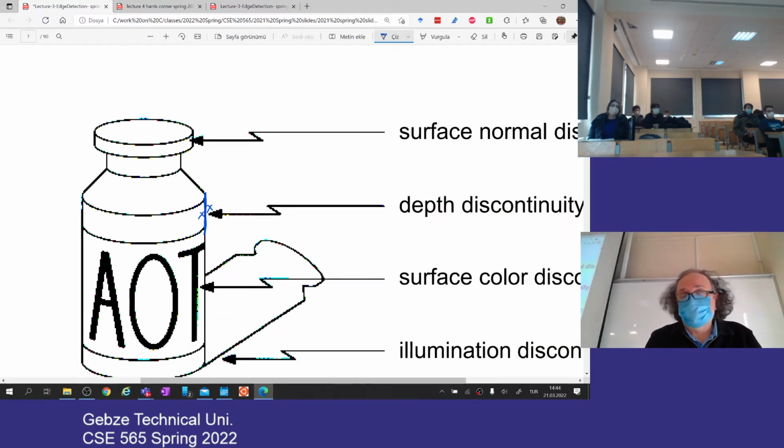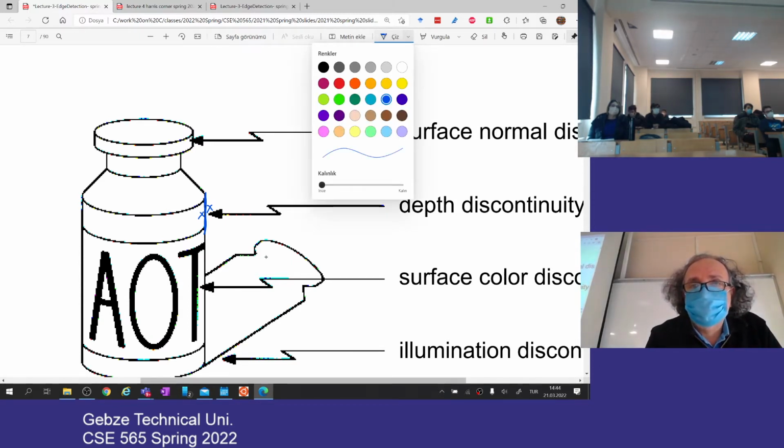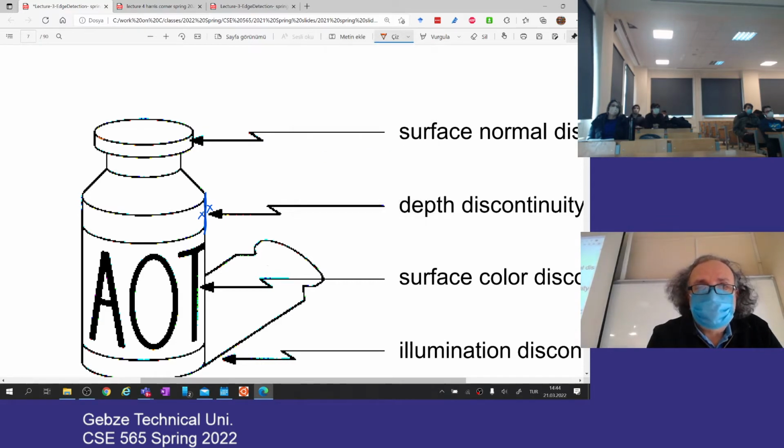And sometimes on the same object you will see edges around these kinds of contours, right? Both sides of that contour belong to the same object, but their surface normals are different.